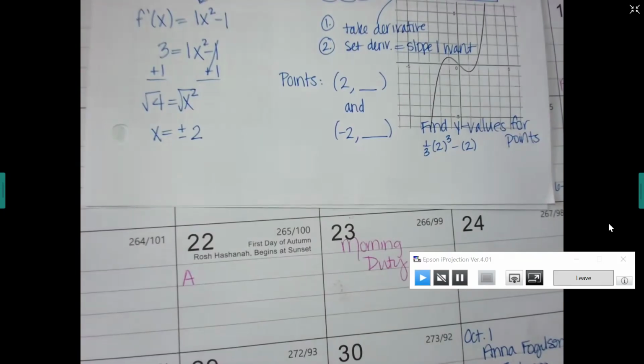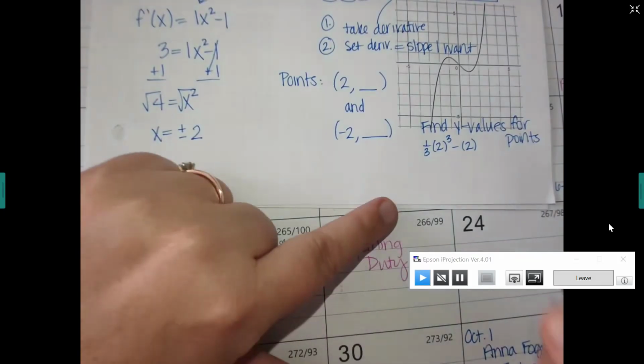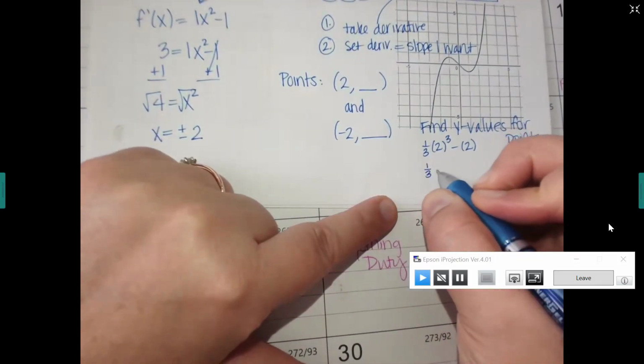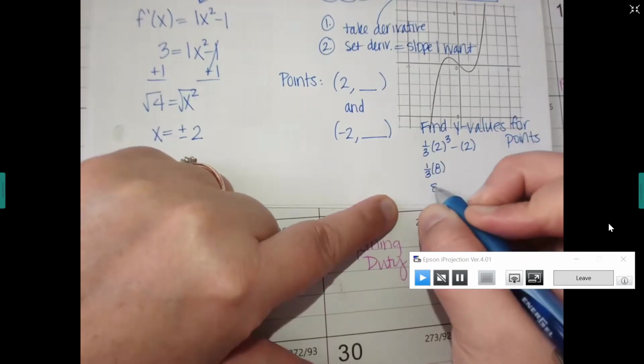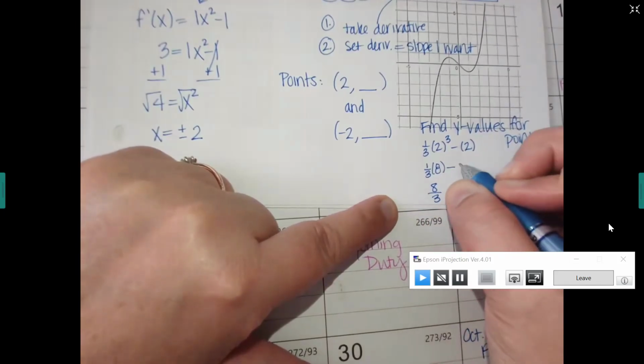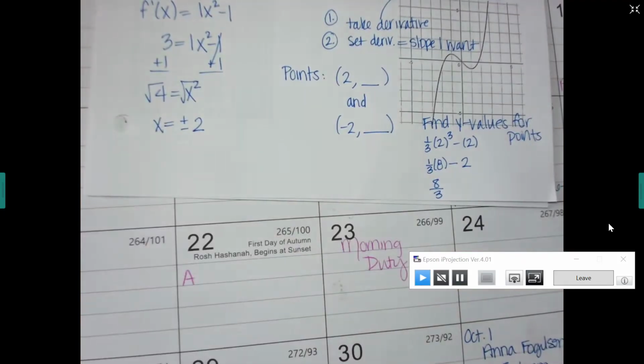So what's 2 cubed? 2 times 2 is 4 times 2 is 8. So I want a third of 8, which is the same as 8/3. And then if I want a -2, I'm going to times that by 3/3 so that that is measured in thirds as well.